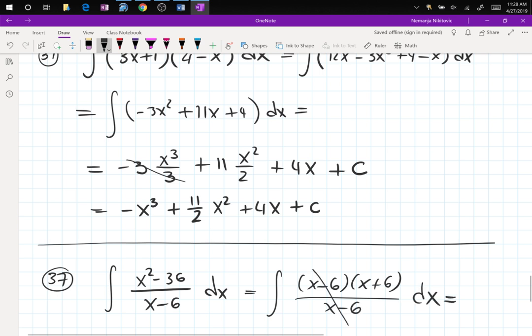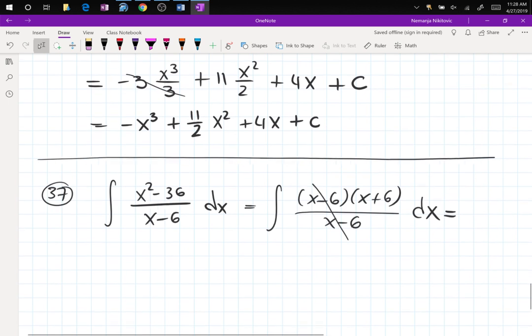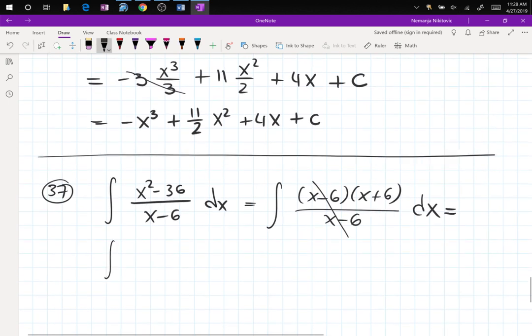Don't forget the dx, not there for decoration. We'll see soon. So we have the integral of x plus 6 to deal with, and that's simply x squared over 2 plus 6x plus c. So that's our calculation. Excellent. That's exactly what it is.